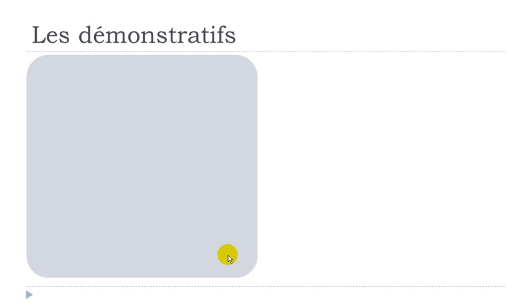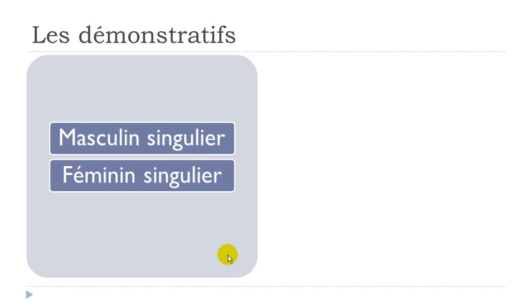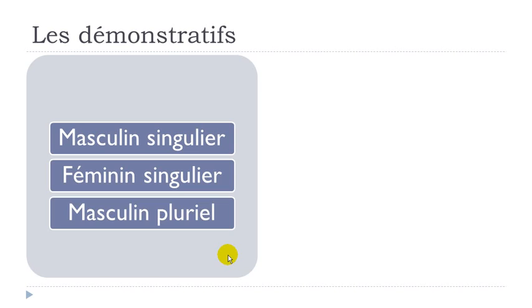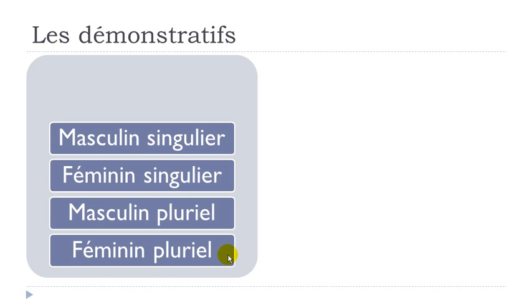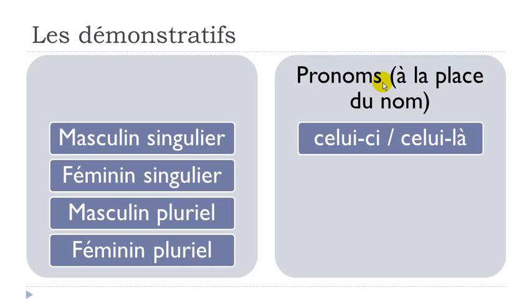So we'll see now the pronouns. Okay, so same thing. We'll see the masculin singulier, then féminin singulier, then masculin pluriel, and then féminin pluriel. Okay, so pronouns. It does mean that you will have to use these pronouns instead of the noun. Okay, so for the masculine form, we will have celui-ci and then celui-là. Okay, so we'll see the difference of use, but then celui-ci, celui-là.